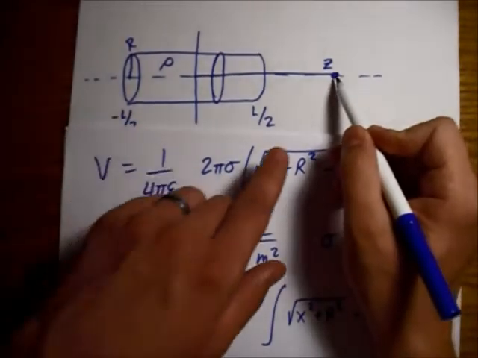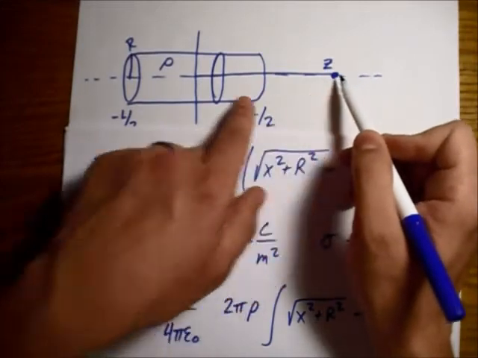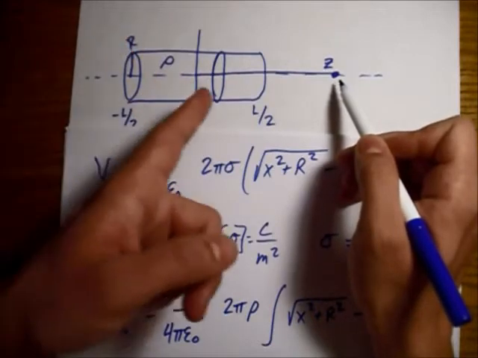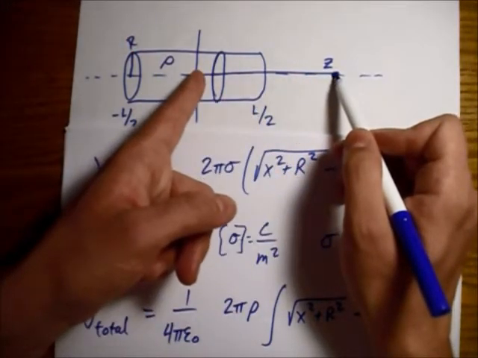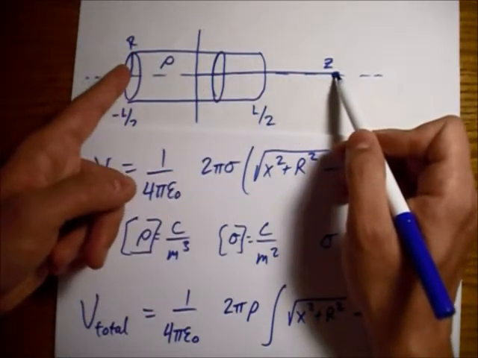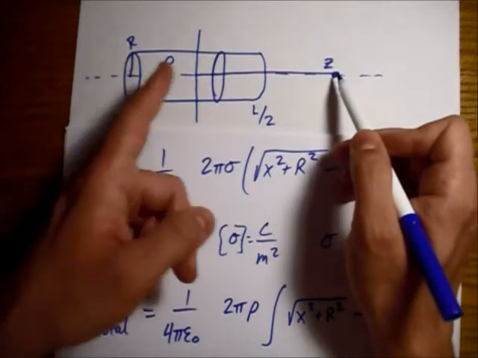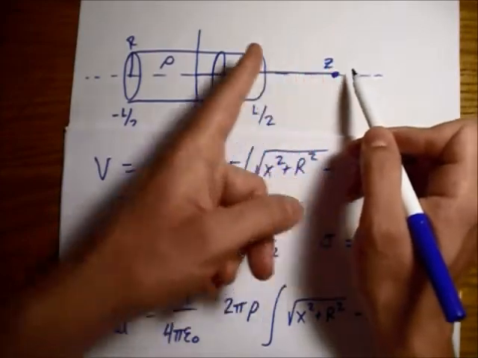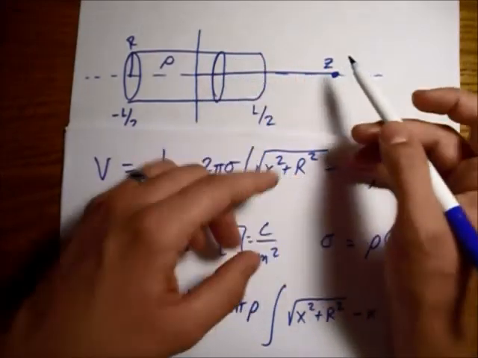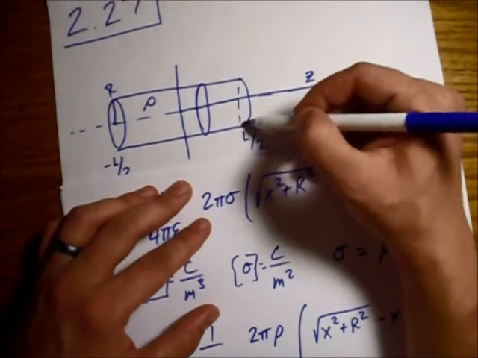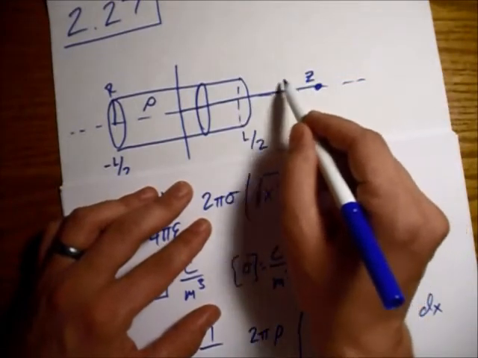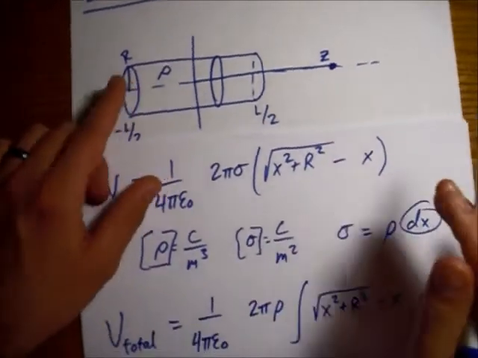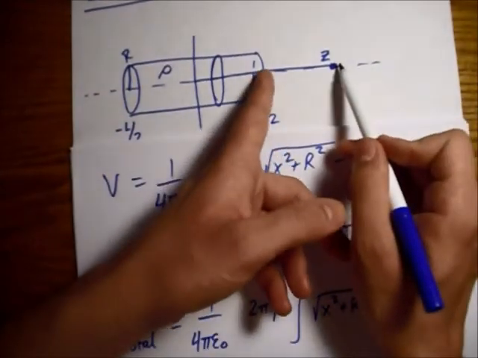so what is x when we are at this side? Well, that is this distance z plus distance L halves. And when we're over at this end, this will be a distance z minus L halves, because then we're just looking at, from here to here, so shorter, right? So let's go ahead and integrate from the small to the large.